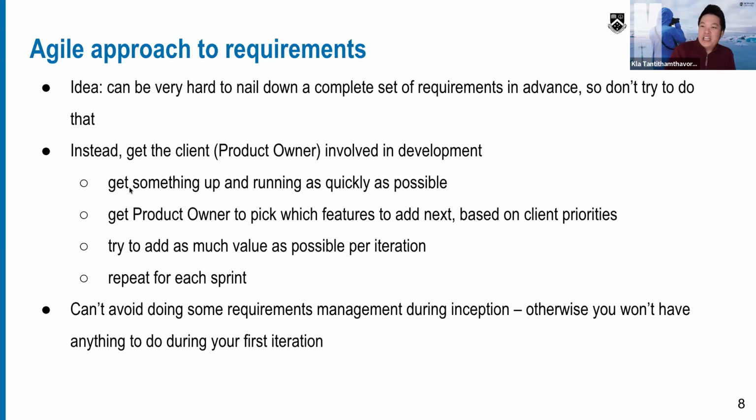That's the Agile Manifesto: we want to deliver working software for each iteration as quickly as possible. That's the value that we deliver to the clients. We call these iterations or sprints, and we just repeat until we complete the end of the project.